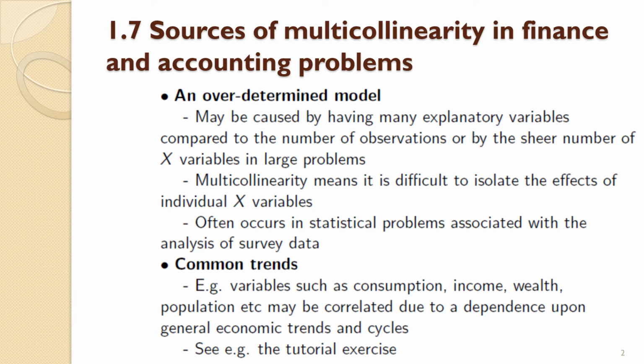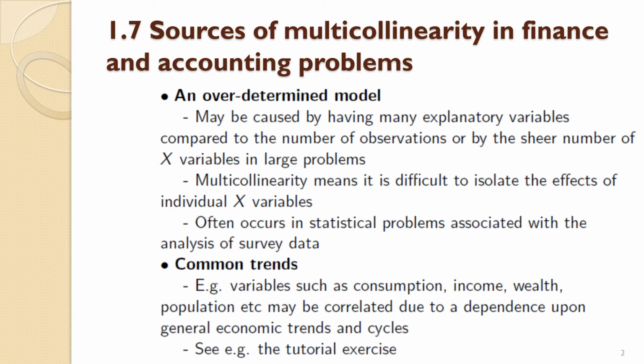Precisely what is happening is that if you've got multicollinearity and interrelationship between the X variables, it's quite hard sometimes to isolate the effects of the individual X variables upon the Y variable in question, precisely because there's a lot going on. And I think you're likely to encounter this problem if you, for instance, do the statistical analysis of some survey data. It's quite common to have multicollinearity in this case.